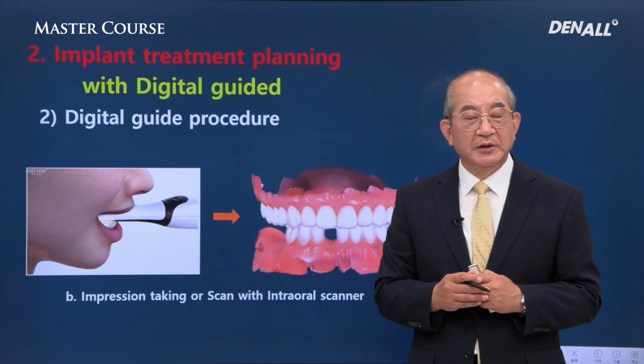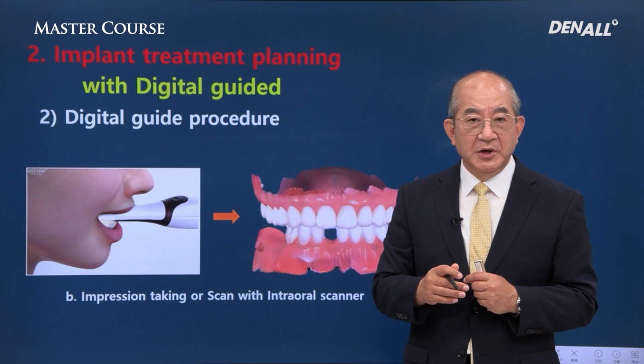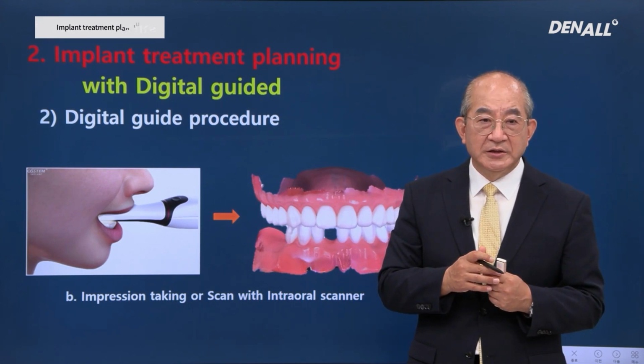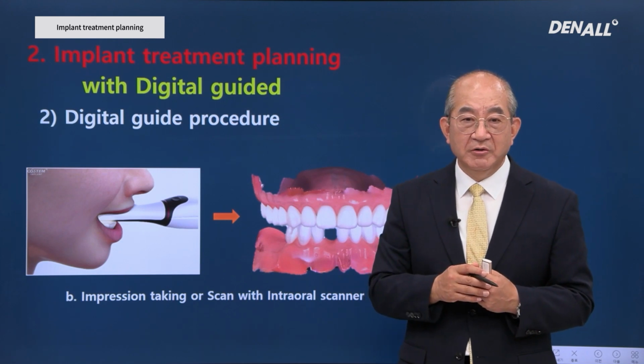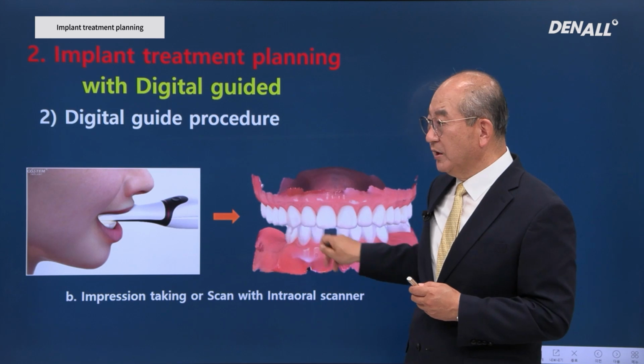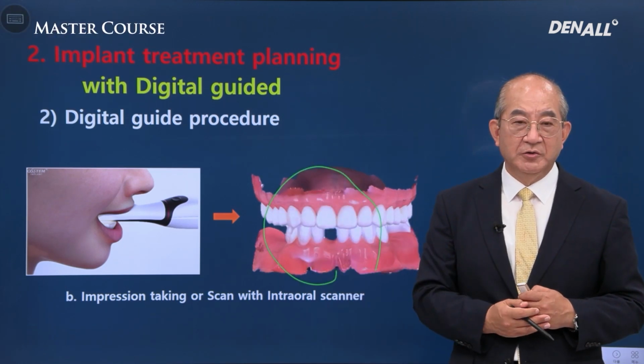Second, in the traditional analog way without an intraoral scanner, you would have to use impression material and make a model. If you have an intraoral scanner, as shown on the image, you can extract the surface data.